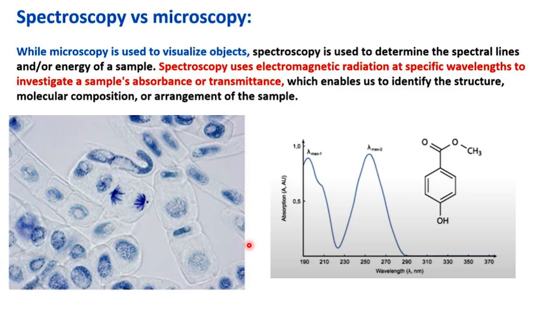That is the basic difference between spectroscopy and microscopy. After getting the signal, in case of microscopy, we are arraying those signals to make an image. But in case of spectroscopy, we are getting the signal, and we are not making an array or anything like that.